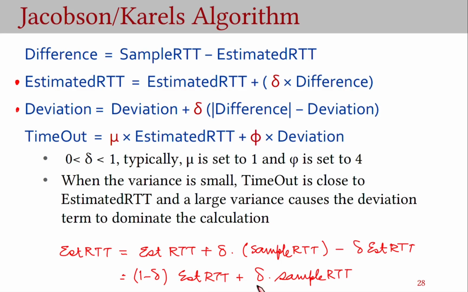And what is delta here was 1 minus alpha over there. And so this is again basically the smoothing.